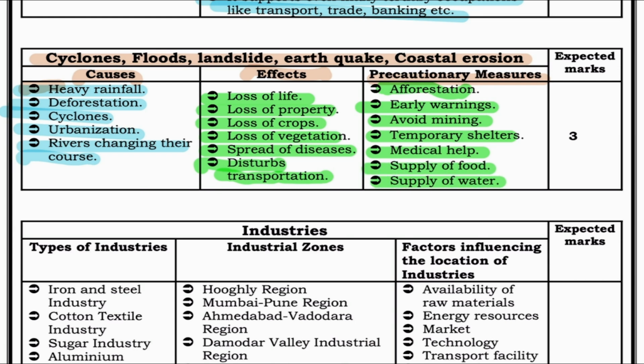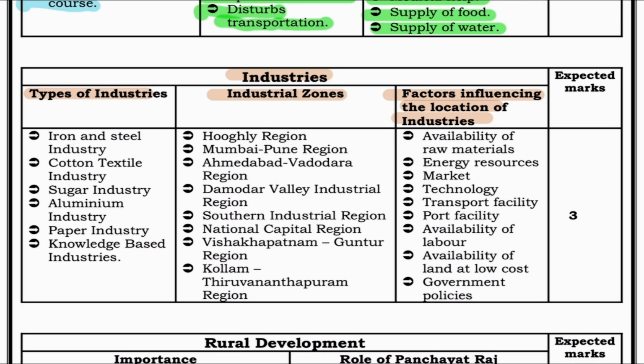For 3 marks question. Industries, types of industries, industrial zones, factors influencing the location of industries. Iron and steel industries, cotton textile industries, sugar industries, aluminium industries, paper industries, knowledge-based industries.